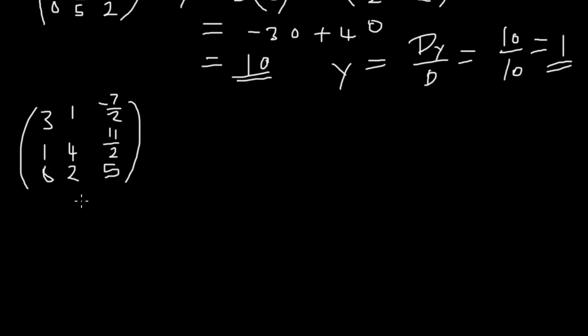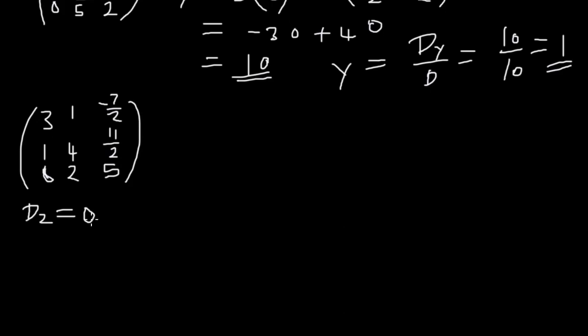So here what you're going to do again, since I know that there's a 0 here, instead of wasting time calculating a lot of numbers, I'm just going to use the row which has a 0. The row which has a 0 is going to help me find my answers very quickly. So the first one there is 0. 0 multiplied by the minor there, I'll still get a 0.